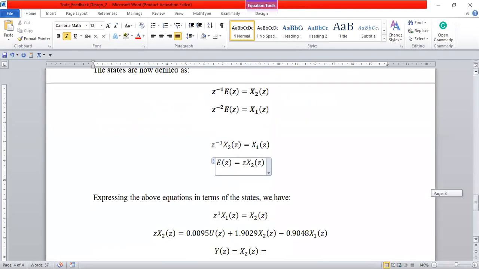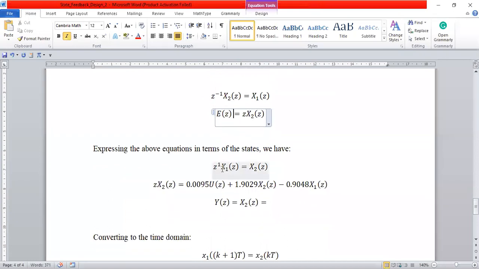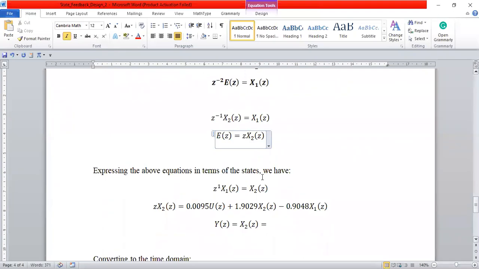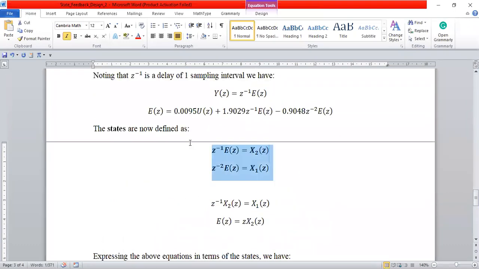Now, from this state you are given, you know x1 of Z. You want to find the relationship between x1 and x2. So Z multiplied by x1 of Z is going to give you x2 from these two relationships.